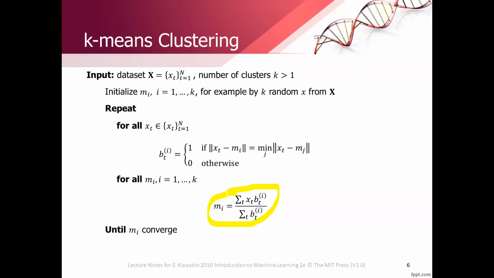So this was assigned to the cluster i. So only for these will this b_t superscript i be 1, only for observations that belong to the cluster. And here we sum all the observations and divide by the number of ones, and 1 is counted for each observation which was assigned to the cluster i.